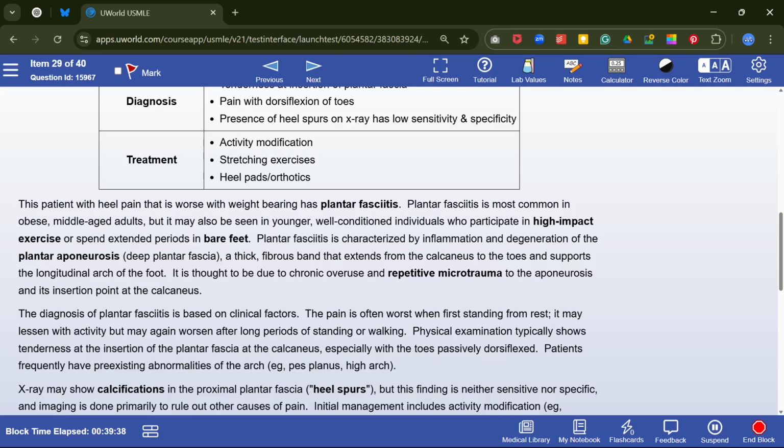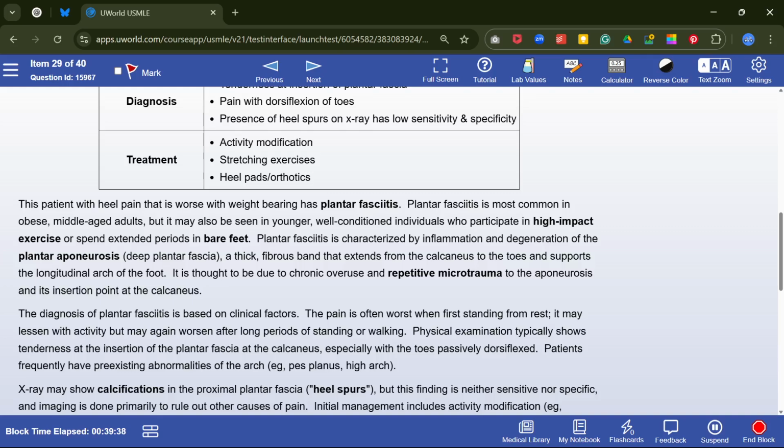Physical examination typically shows tenderness at the insertion of the plantar fascia at the calcaneus, especially with the toe passively dorsiflexed.